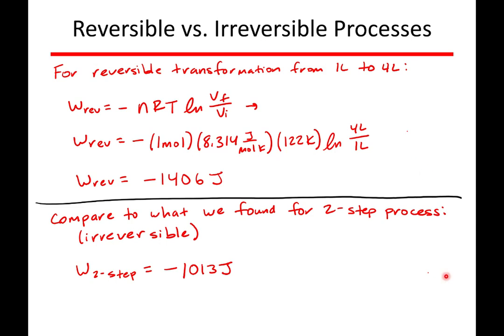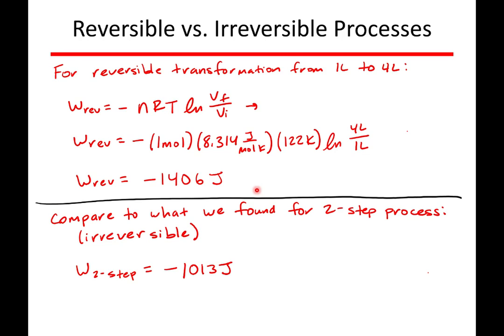We said that the more steps you do a process in, the more work you get from the system. And when you do it in 2 steps, the work done by the system is negative 1,013 joules. When you do the process in an infinite number of steps, the work done by the system is negative 1,406 joules. So you're able to get the system to do more work when the process is done reversibly.